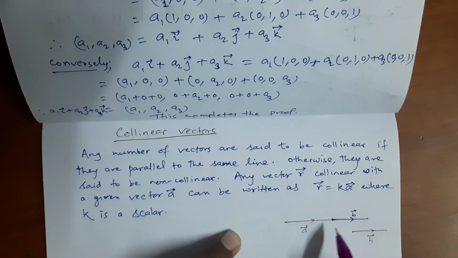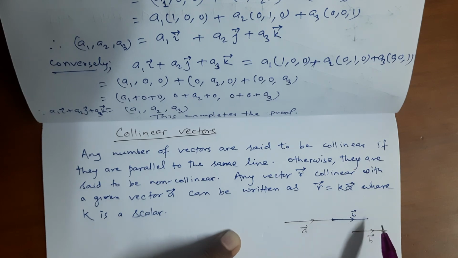So in this case A and B lie on the same line. Before this they were parallel, but now they lie on the same line. So the name is collinear vectors. So if vectors are parallel, they can be fitted in a straight line.